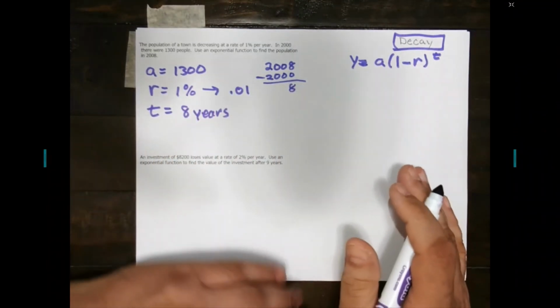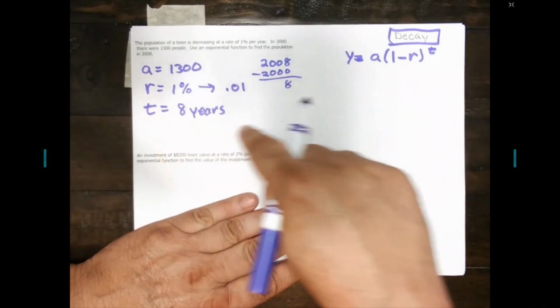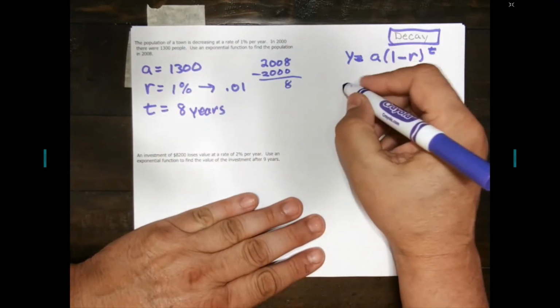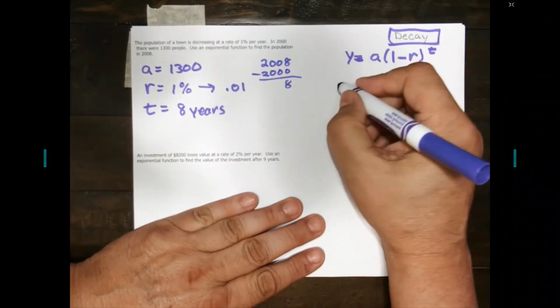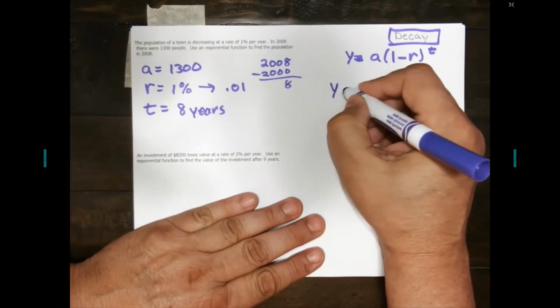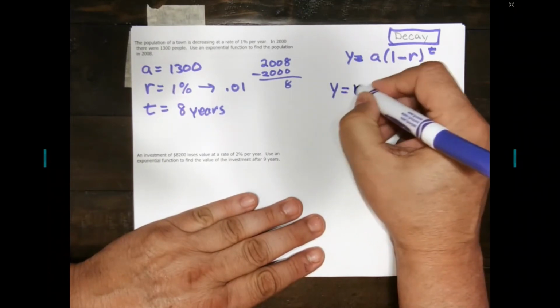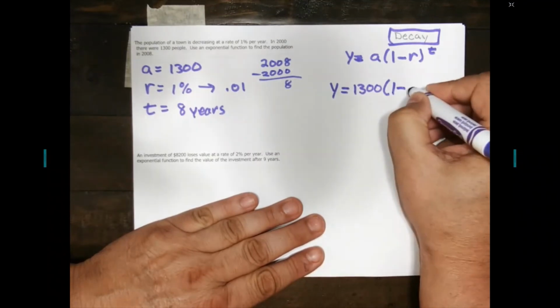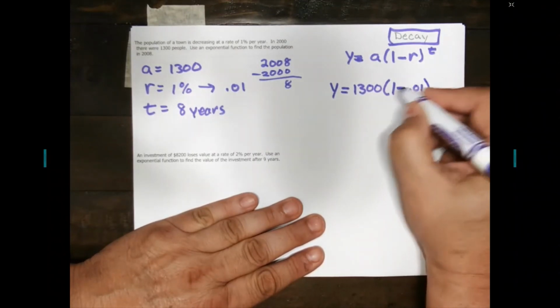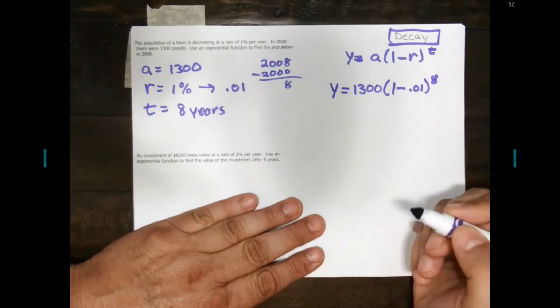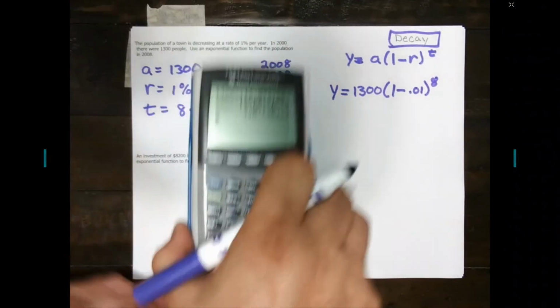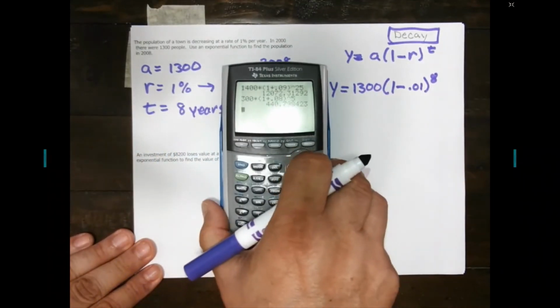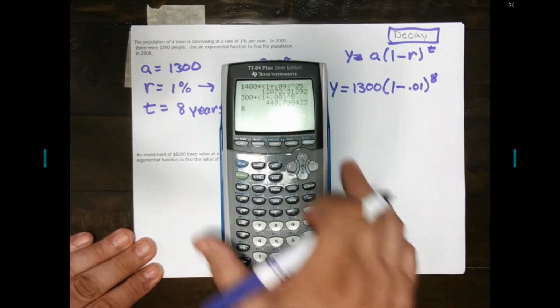Now all we need to do is substitute our three values back into our equation. Okay, so we're trying to find the population. So y in this case is the population, which equals my initial amount times 1 minus 0.01 to the time of 8 years. Again, I take my calculator and enter in my values just like I see them.